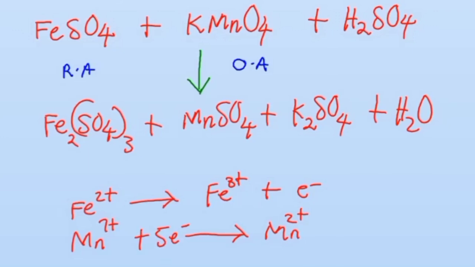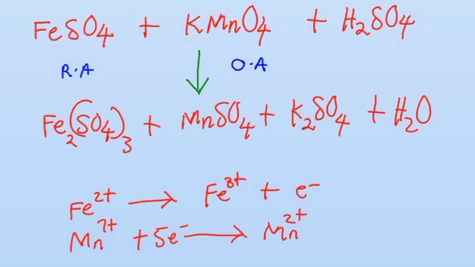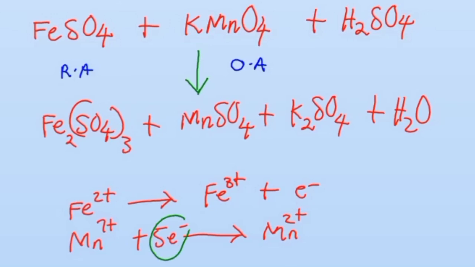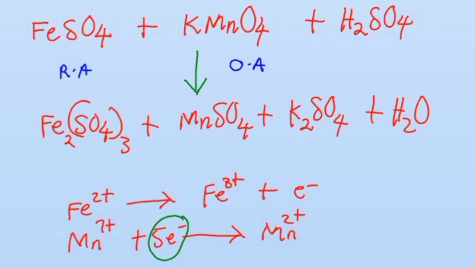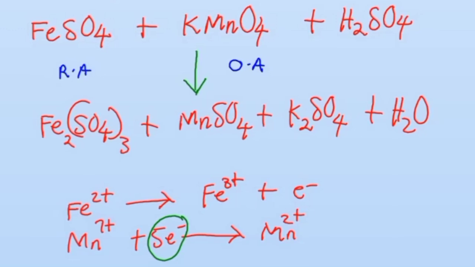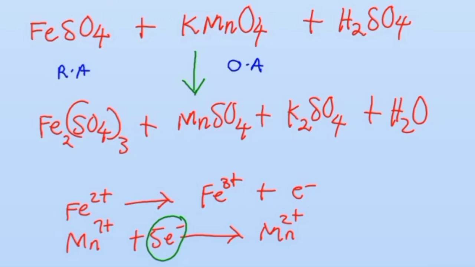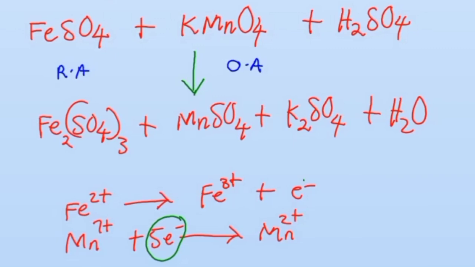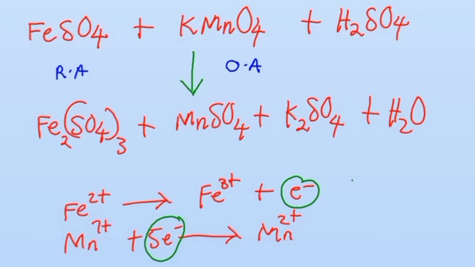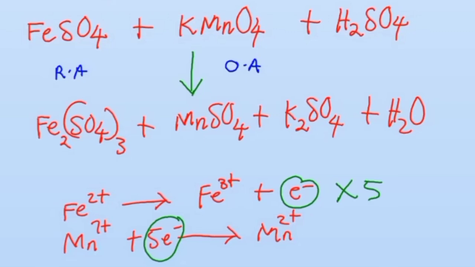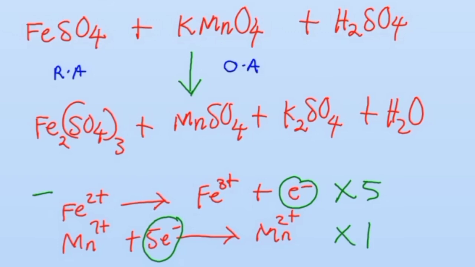If you look at this, you will discover that the half cell reactions are not balanced. We have 5 electrons in the manganese half cell, and in the iron 2 to iron 3 half cell we are having just 1 electron. So the equation is not balanced. So balance it simultaneously. This is times 5, and to make the electrons balance, this should be times 1. So for the iron half cell we multiply all through by 5.